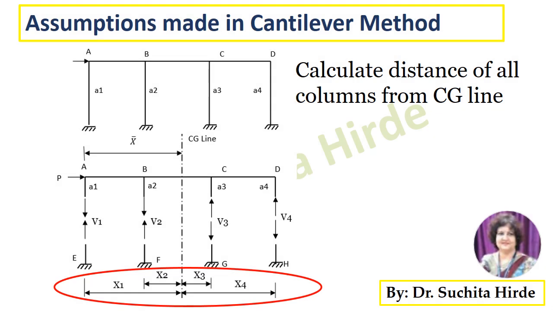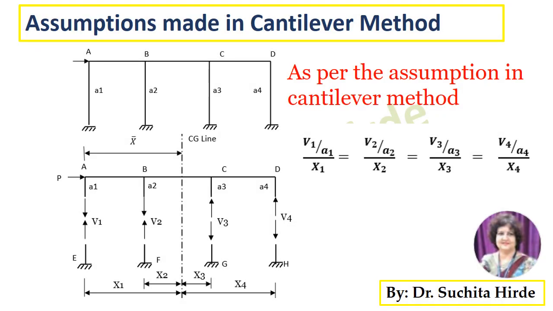So after calculating the distances x1, x2, x3 and x4, finally we write that fifth assumption. The last assumption states that the stress in first column divided by the distance of first column from CG line is equal to stress in second column divided by distance of second column from CG line and so on.